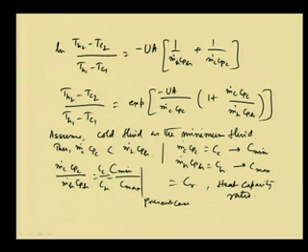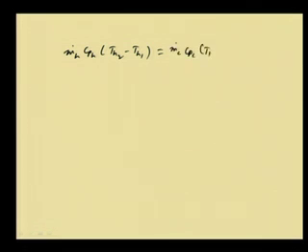Also, from the energy balance we have seen that m dot h Cph into (Th2 minus Th1) will be equal to m dot c Cpc into (Tc1 minus Tc2). Actually it should be Th1 minus Th2 and Tc2 minus Tc1, with a negative sign.